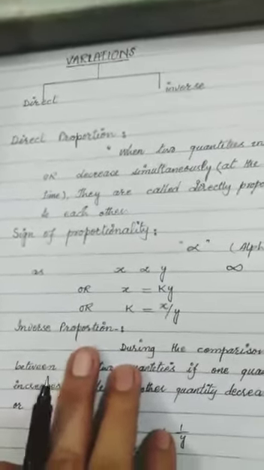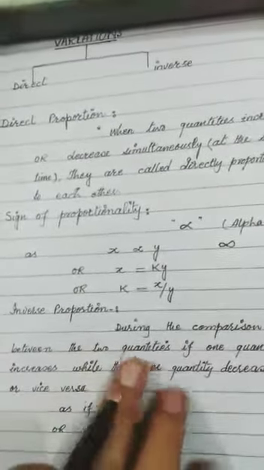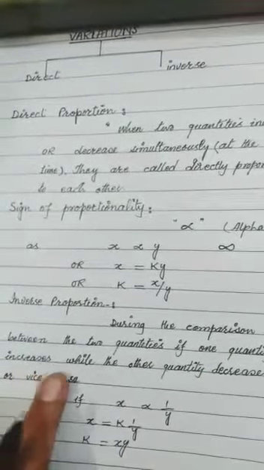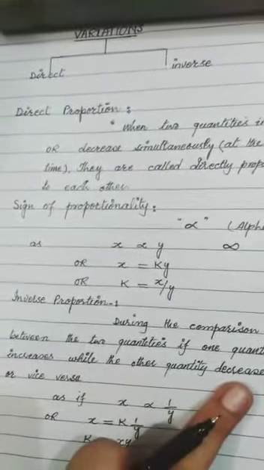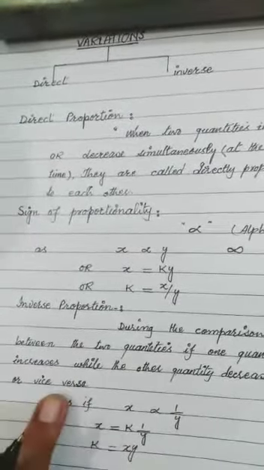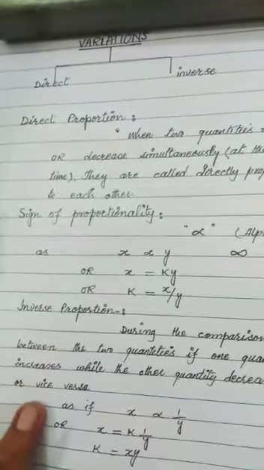Now we will learn about inverse proportion, which is the second type of variations. During the comparison between two quantities, if one quantity increases while the other quantity decreases, or vice versa, such two quantities are taken as inversely proportional. Let's see an example.